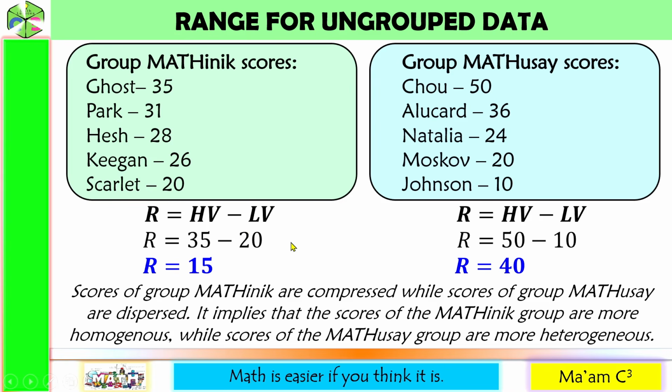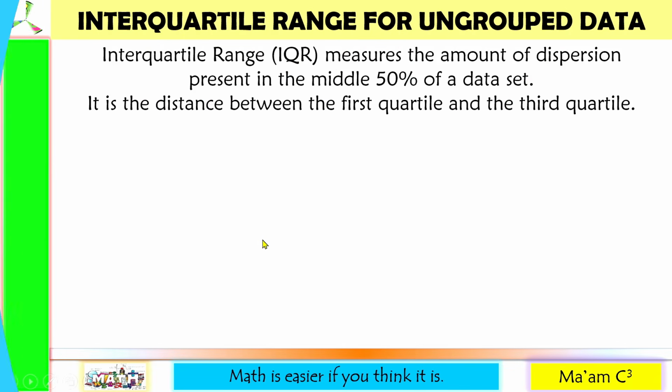The next measure of variability is the interquartile range. Again, we are talking about the ungrouped data. Interquartile range, denoted by IQR, measures the amount of dispersion present in the middle 50% of a dataset. It is the distance between the first quartile and the third quartile.